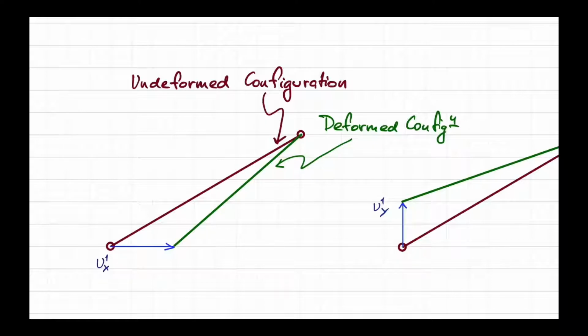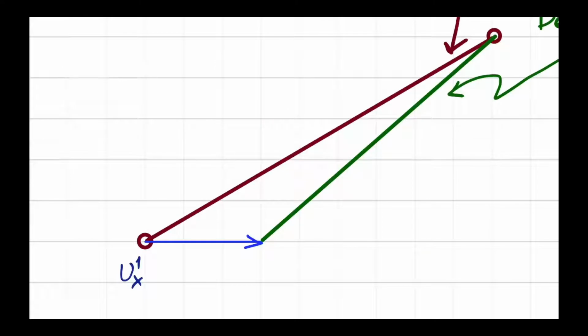So we apply U1x. Then, as we apply U1x, we'll be able to measure the change of the length of the member, which is actually the lowercase u1. So lowercase u1 is actually aligned with the axis of the member, right?